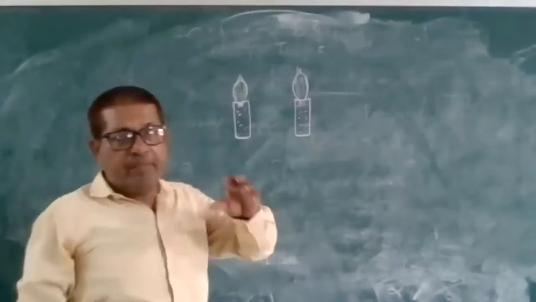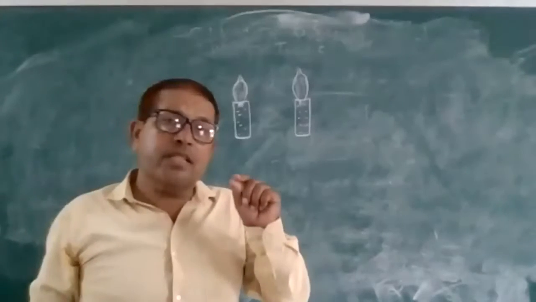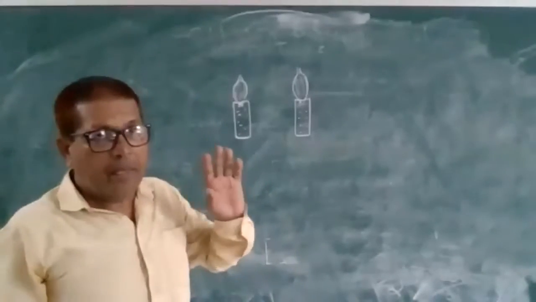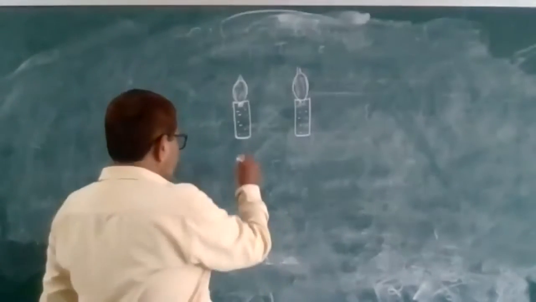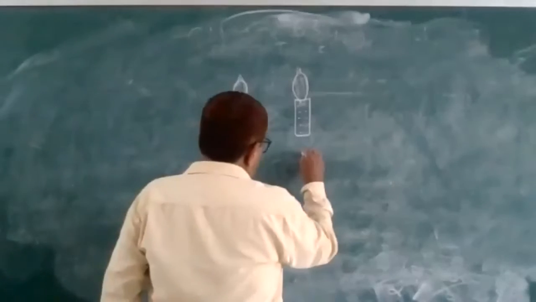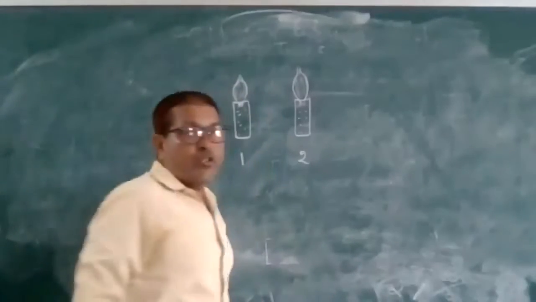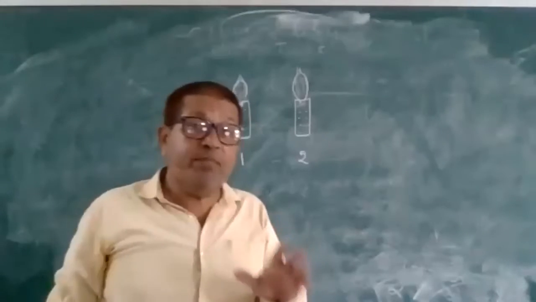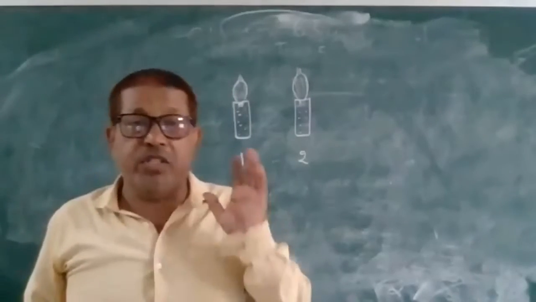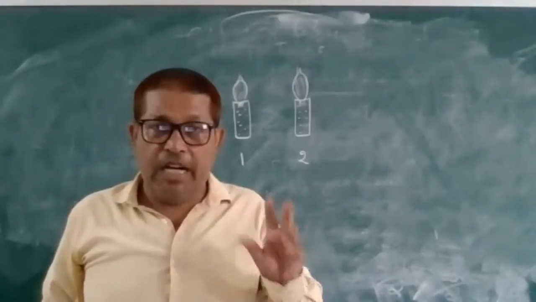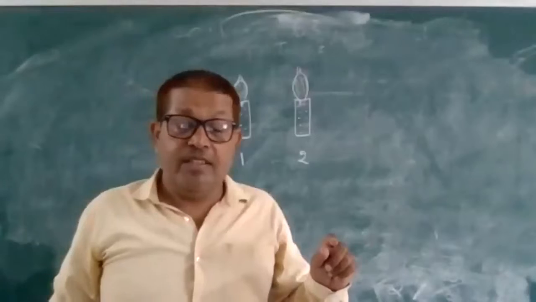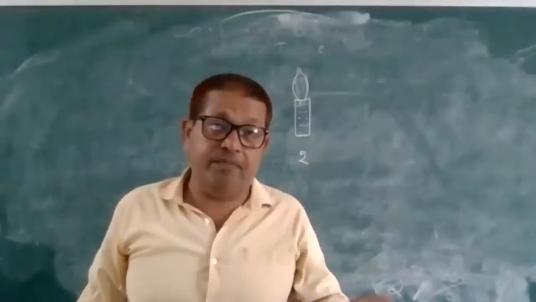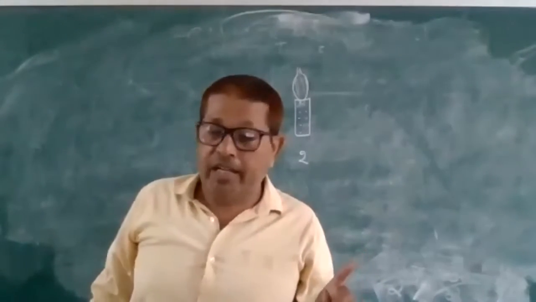When you keep it in the water, roots come out. Name this jar 1 and the other jar 2. In both experiments, you have to observe the root. So make a column.